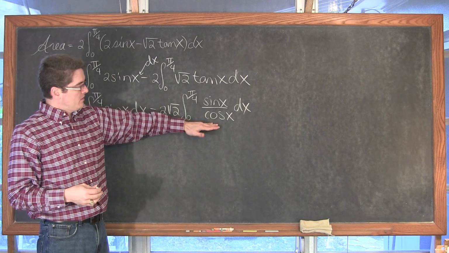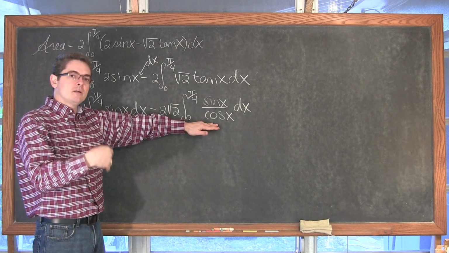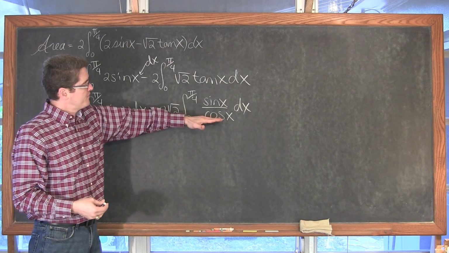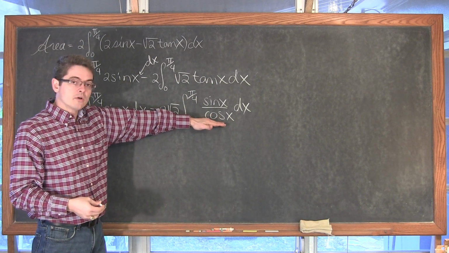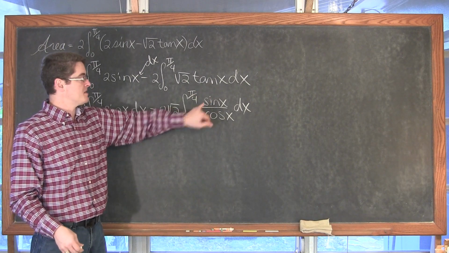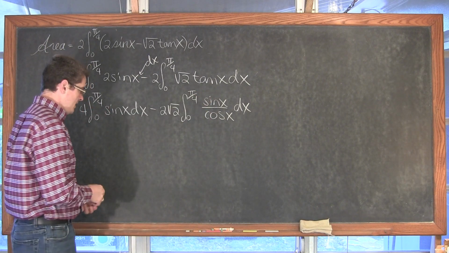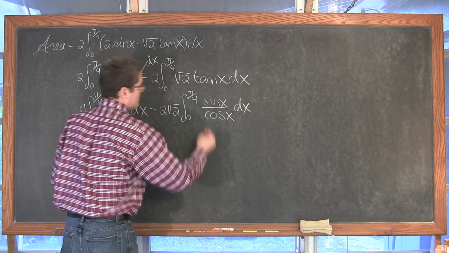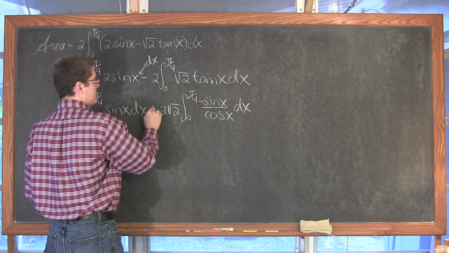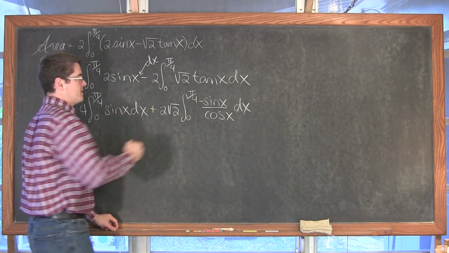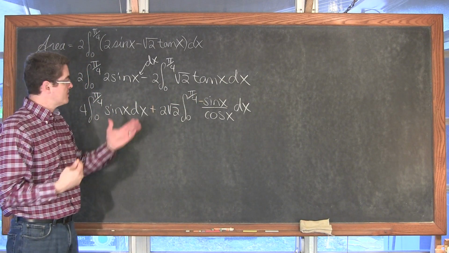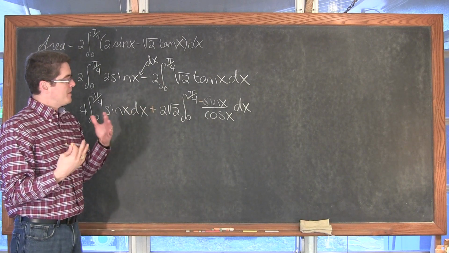See, if we let u be our denominator, remember that pattern of integrating u prime over u? If we let u equal cosine of x, the derivative of cosine is negative sine, but we have a positive sine up front. So if we introduce a negative here, and then bring a negative 1 out front, effectively multiplying by negative 1 and dividing by negative 1, I'm going to change the look of this integral expression, but not its value.